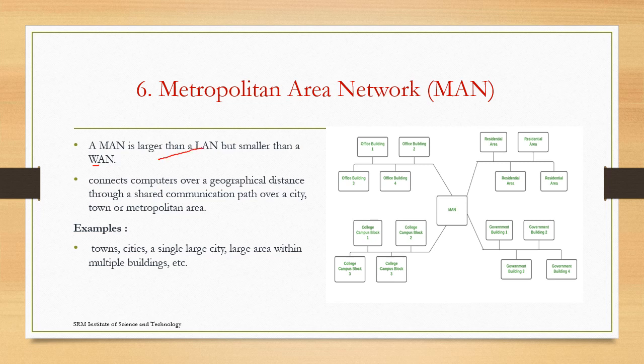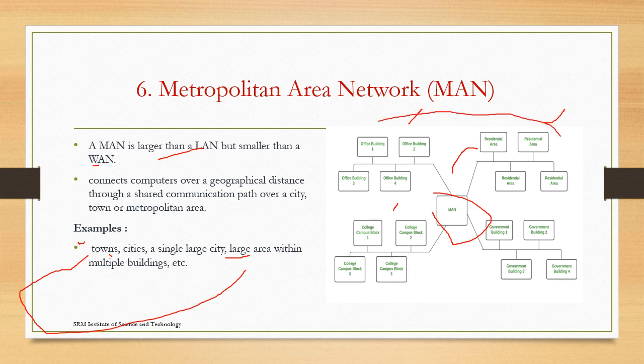Here the MAN is metropolitan network, that is for a single town, cities and a large city. In that range the computers are connected. So that is metropolitan area network. So that's a small change from wide area network. From the figure you can see MAN: here college campus 1, this is one more office building, and this is one more residential block.